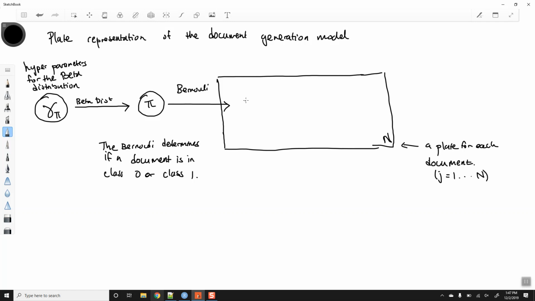And the Bernoulli will produce a label. Label L sub j is either a 0 or 1, depending on what we have here.